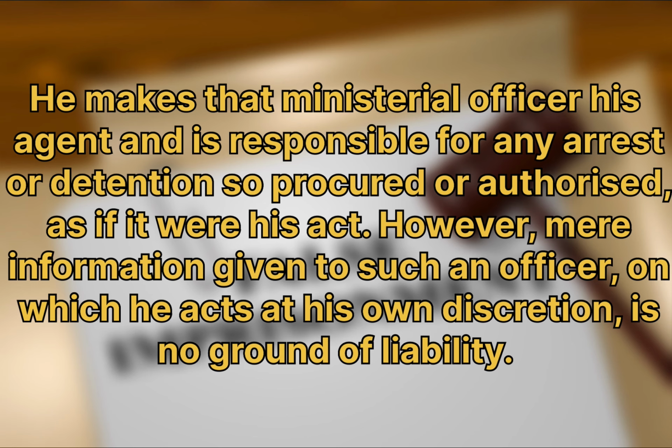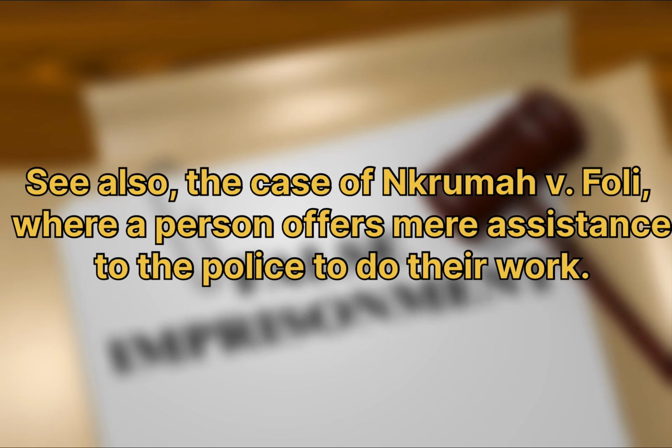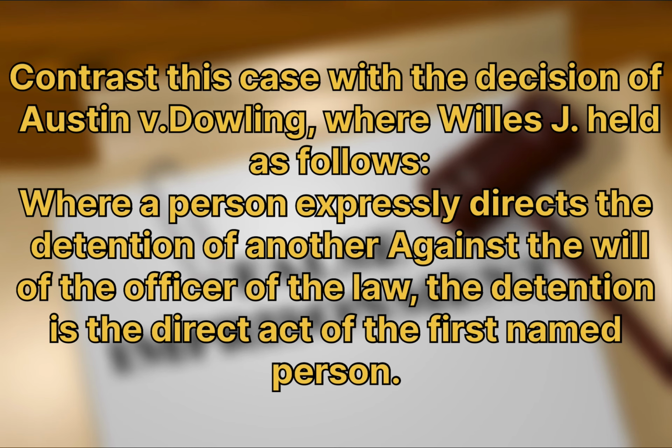However, mere information given to such an officer on which he acts at his own discretion is no grounds for liability. You can see also the case of Nkrumah v. Foley, where a person offers mere assistance to the police to do their work. Contrast this case with the decision of Austin v.